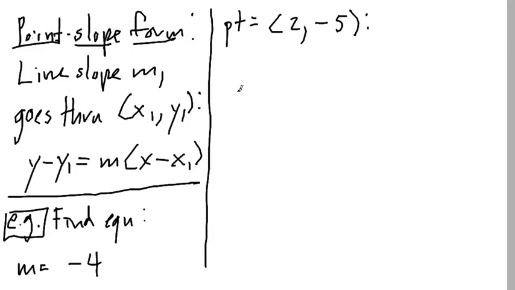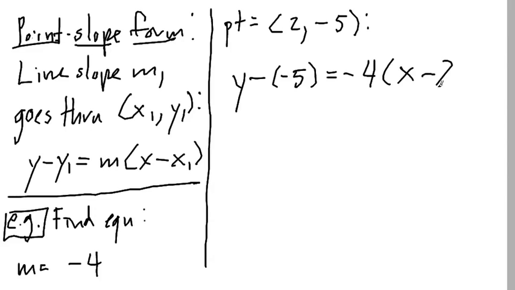So the equation of this line then is going to be y minus y1, which is -5, is equal to -4, which is the slope, times x minus 2. And the only simplification we really need to do here is to take minus -5 and turn that into +5. So we get y plus 5 is equal to -4 times x minus 2. That's good enough. This is an equation for the line.